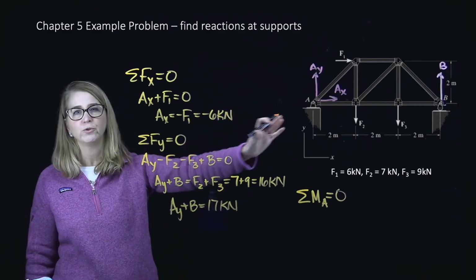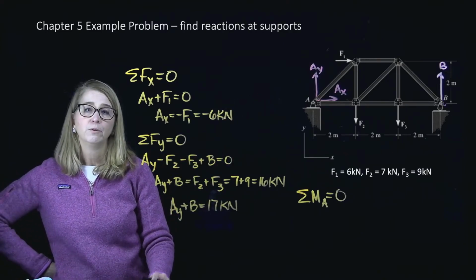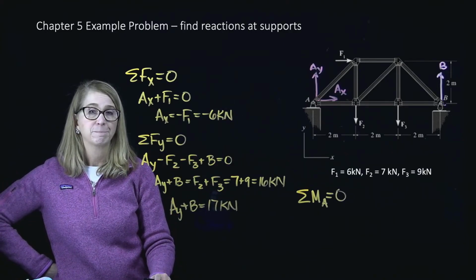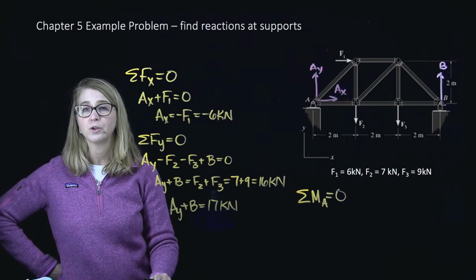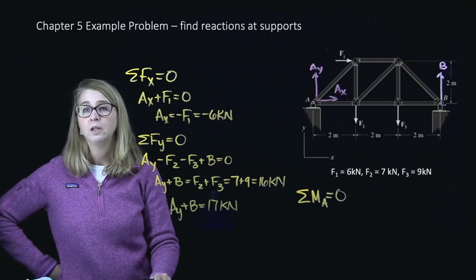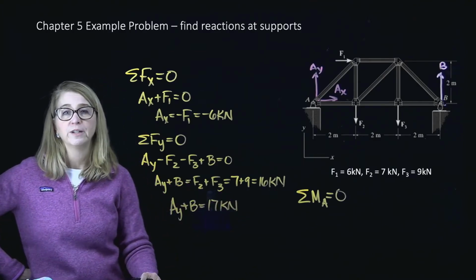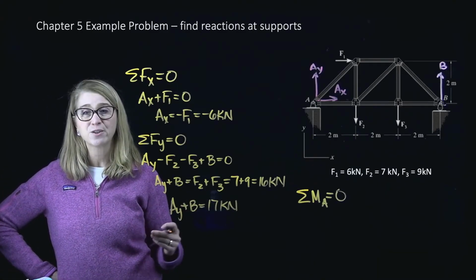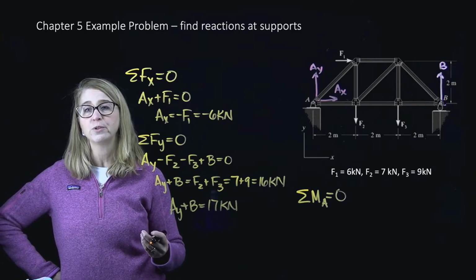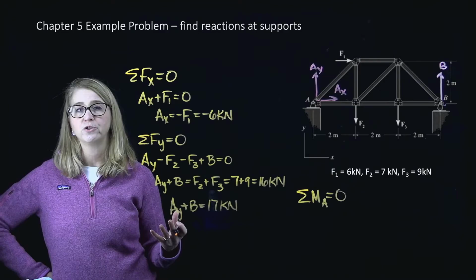So I could have chosen any point on that truss, but some points are better than others. The best thing for me to do is to choose a point where some forces go through that I don't know, because then they will be eliminated in this equation. For instance, when I chose point A, I know AY and AX both pass through point A, therefore they can't produce any moment about that point. And so I thought that was a great place to choose.